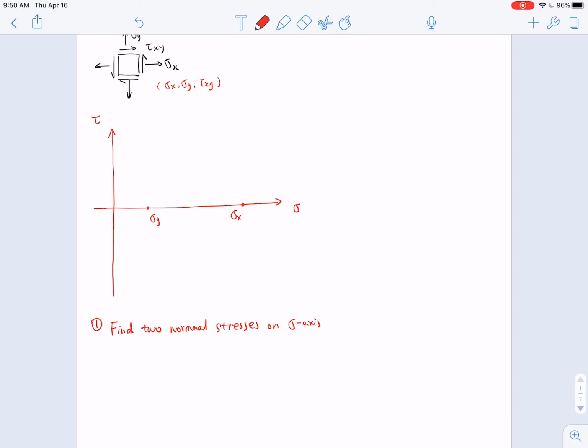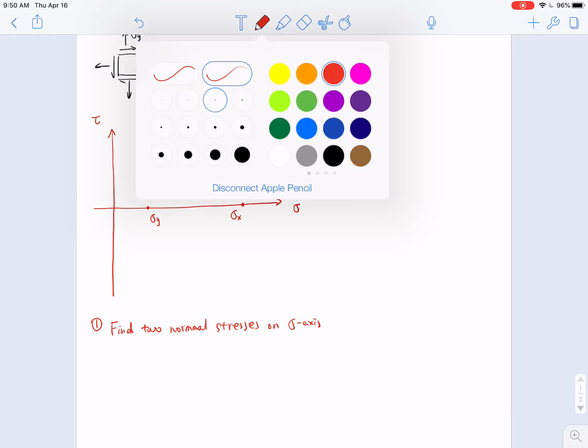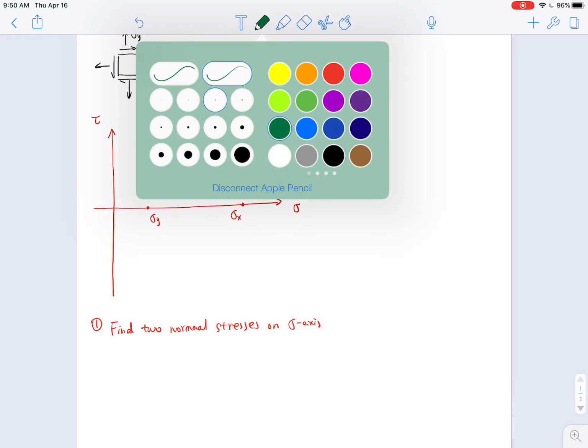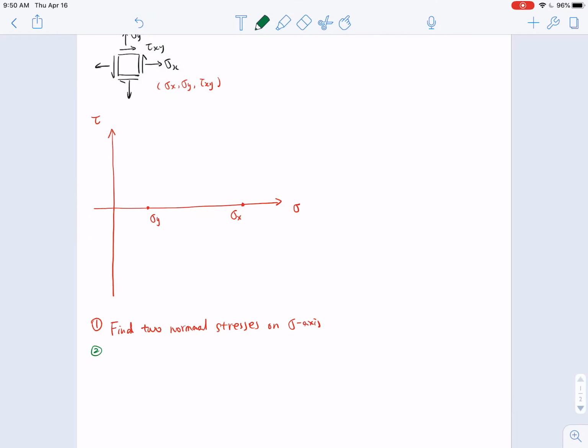Then the second step, we will find these 2 points: sigma x, tau xy, and sigma y, negative tau xy, and connect them.